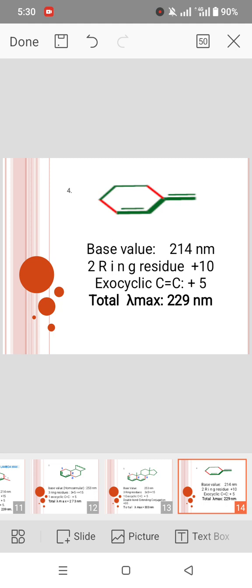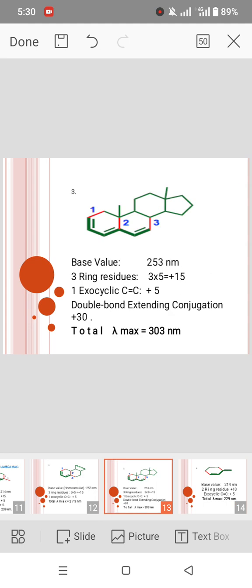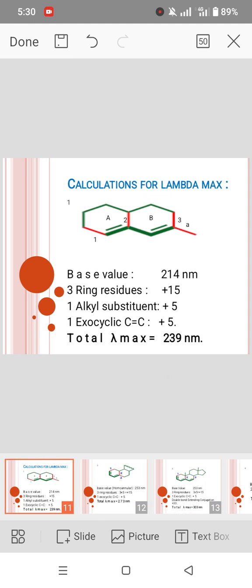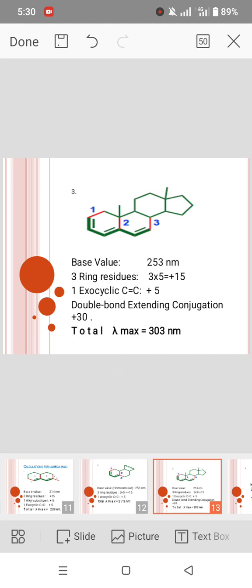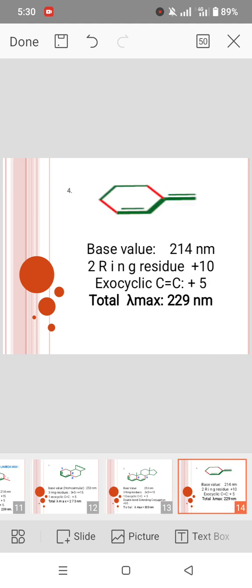Now let's consider another molecule. The base value for such a molecule is 214 nanometer. And you can see there are two ring residues I have mentioned in red color.